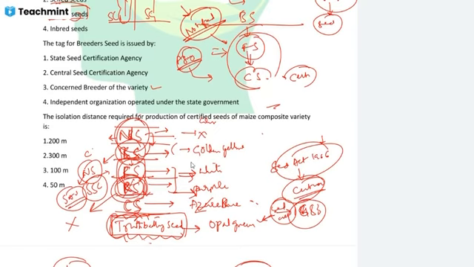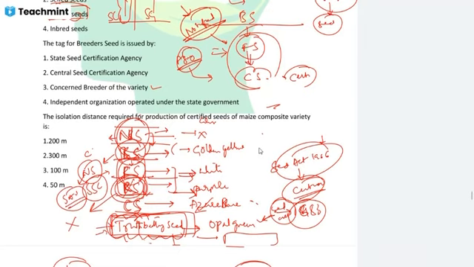So every seed which is sold should have certain labels. Whatever information is present in the label, the seed should follow it. For example, we have certain minimum standards for all the seeds, right? So the concerned seed producer, while marketing the seed, has to label it himself, like self labeling.